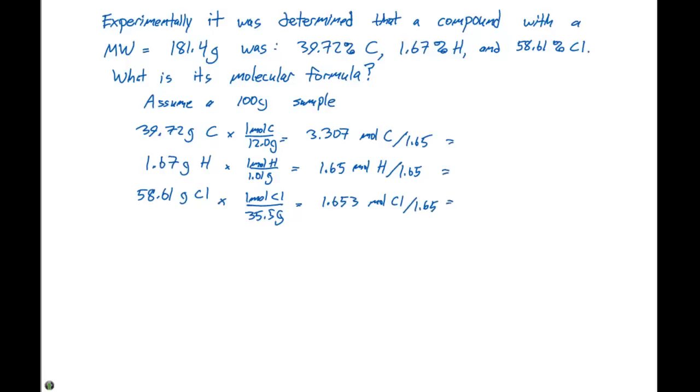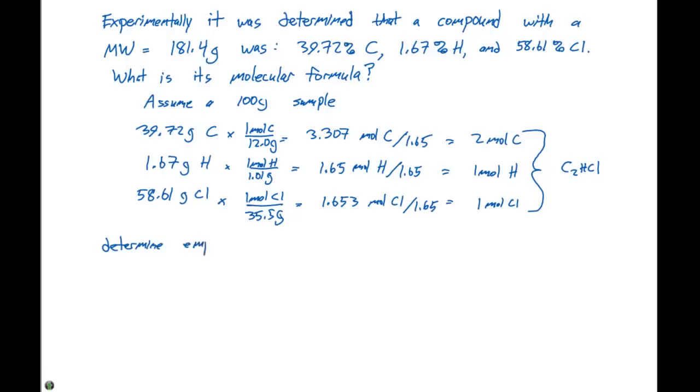This is going to give us 2 moles of carbon, 1 mole of hydrogen, and 1 mole of chlorine. That gives us an empirical formula from this data of C2HCl.